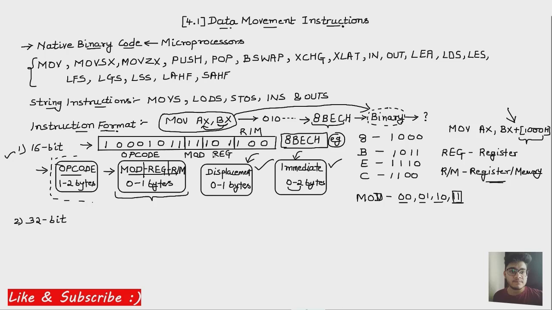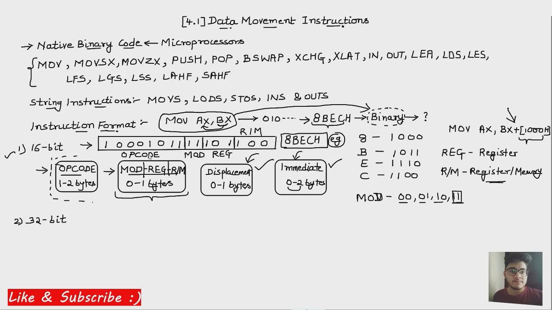Apart from this, I have just shown you this instruction because I just want to show you the structure of the instruction. So when these 16 bits are passed to a microprocessor, the microprocessor understands this instruction by using these fields: opcode, mod, reg, register and register/memory.